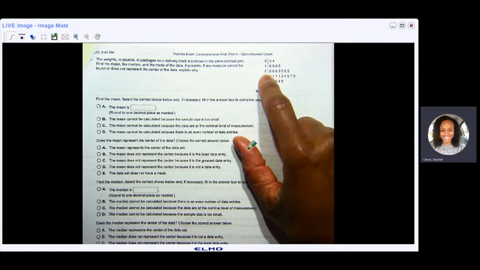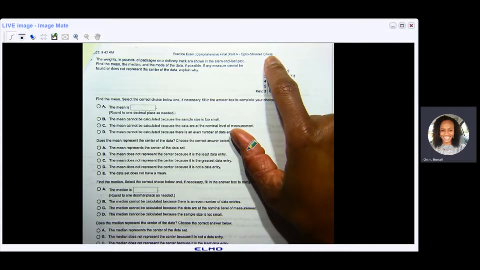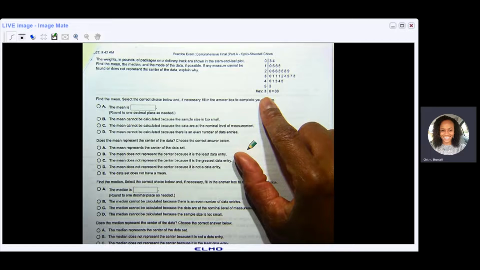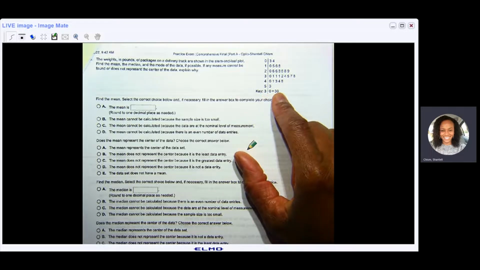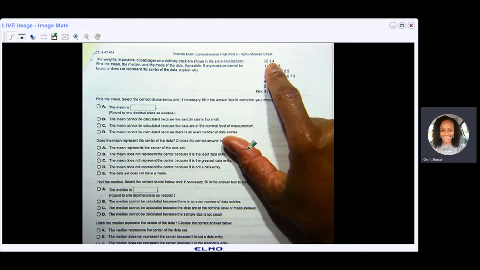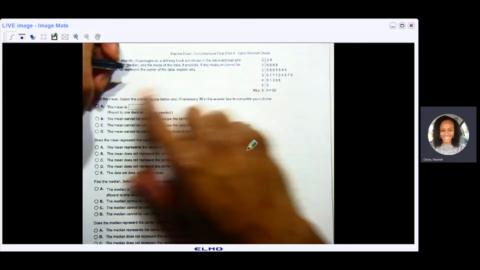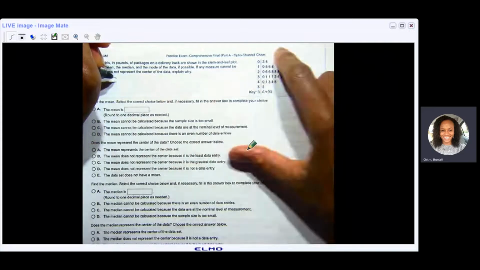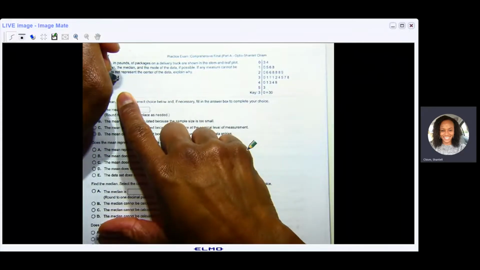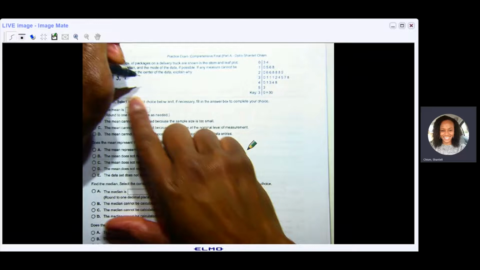So the stem is to the left, and the leaf is on the right side of the bar beside each stem. And the key tells you how to read these. So 3 bar 0 represents 30. So 0 bar 3 would be the number 3. So on that first stem of 0, you've got 3, 4.